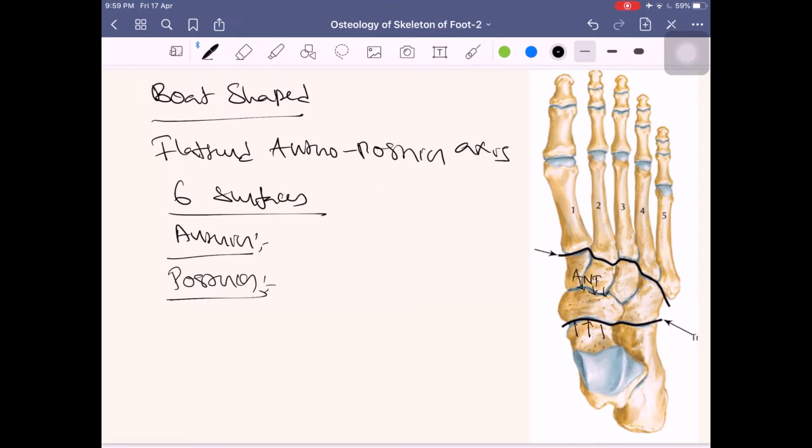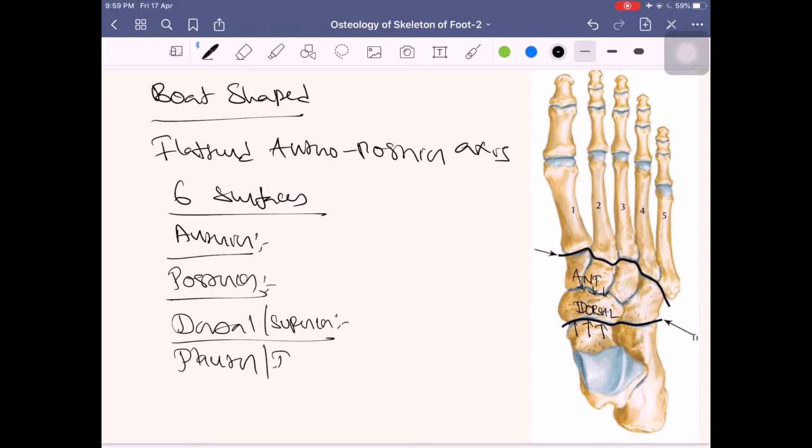This is your posterior surface from the back. Then next is your dorsal or superior surface, the surface we are seeing here. So this one is a dorsal surface.